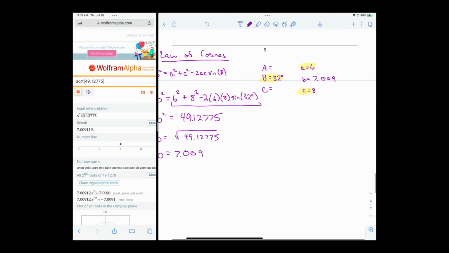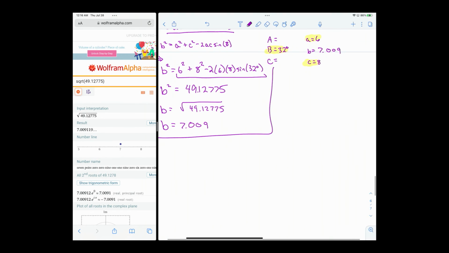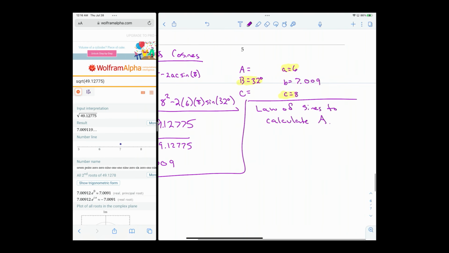So now we'll use law of sines to calculate, let's say, capital A. Why not? Capital A.